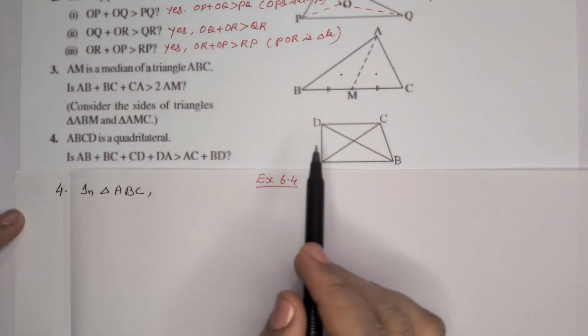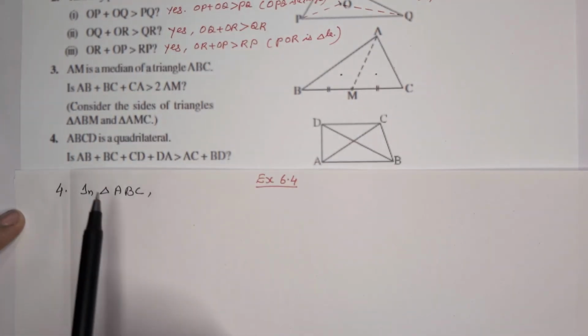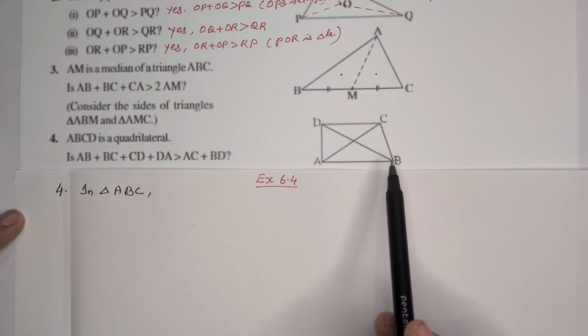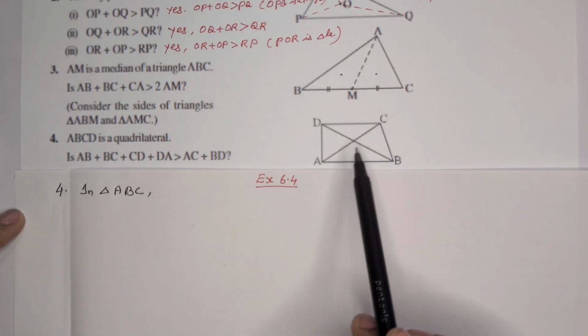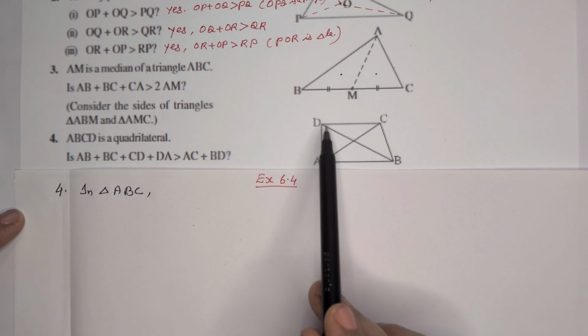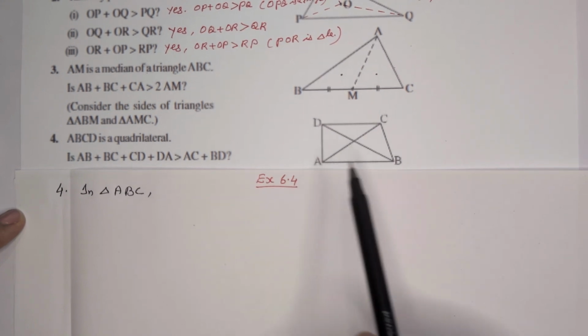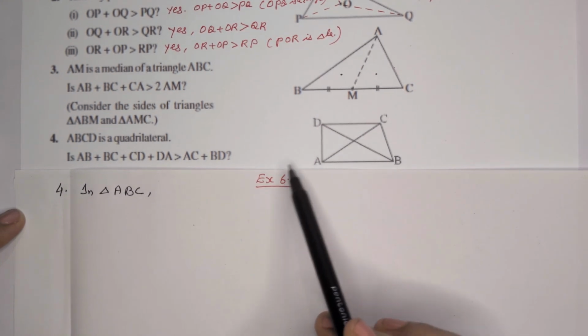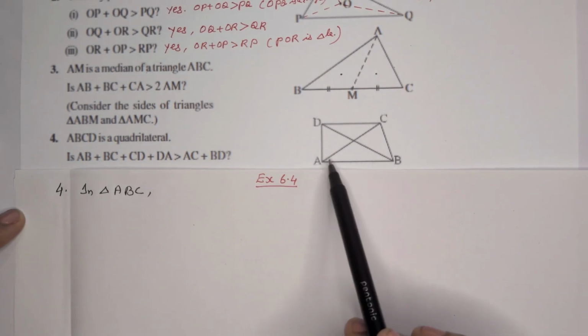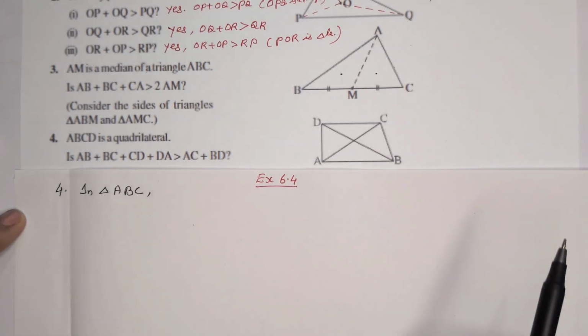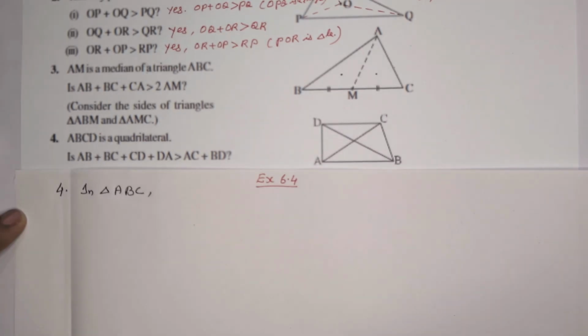Question number 4. ABCD is a quadrilateral. Is AB plus BC plus CD plus DA, the sum of all four sides, greater than AC plus BD, the sum of the diagonals? That means we have to prove the sum of all four sides is greater than the sum of the diagonals. For that we can take triangles one by one.